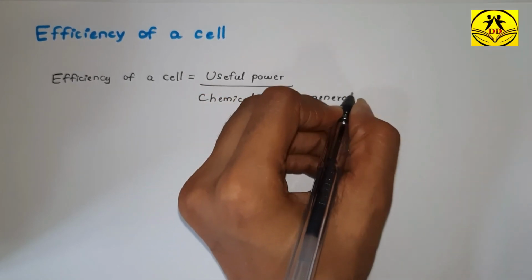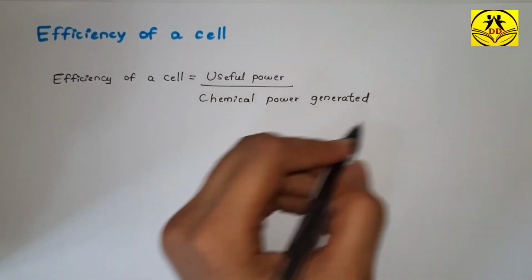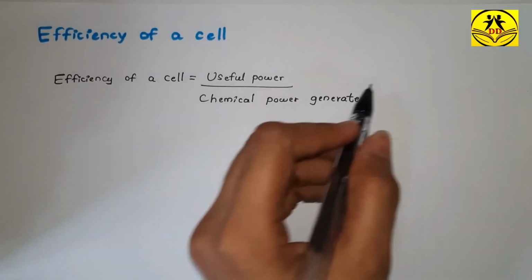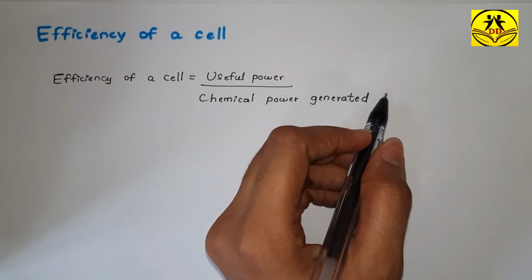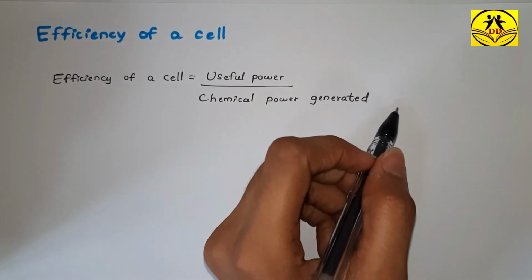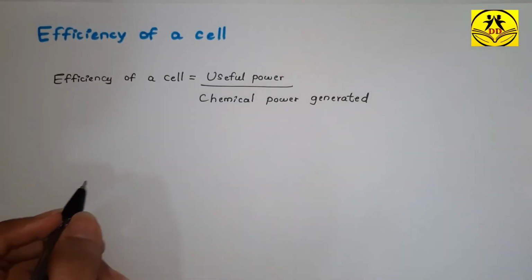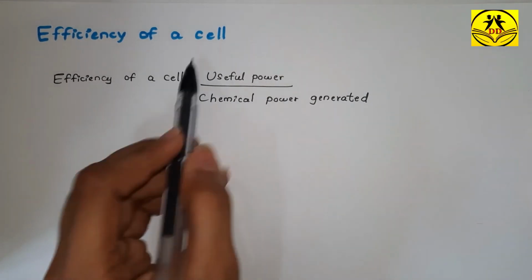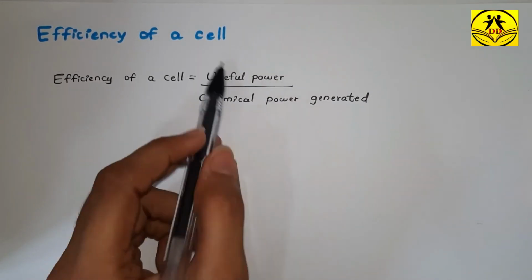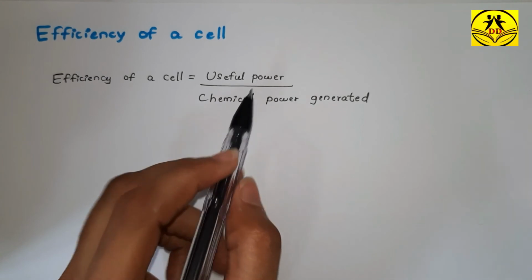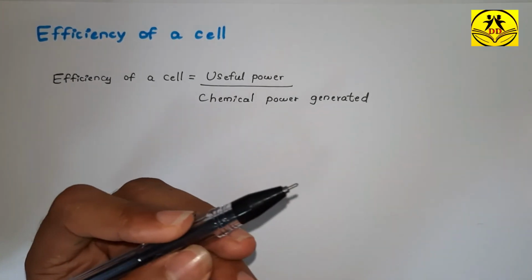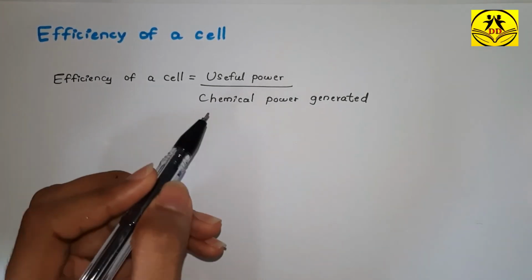Now we wrote the equation for the chemical power generated by the cell earlier. It is equal to EI. Now what is this useful power released from the cell? Means the power which we can use from a cell.